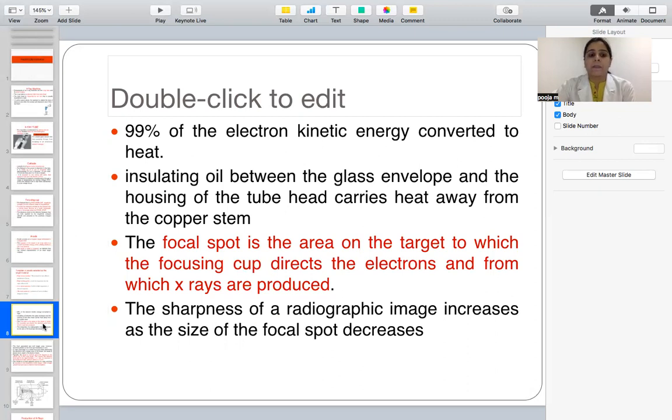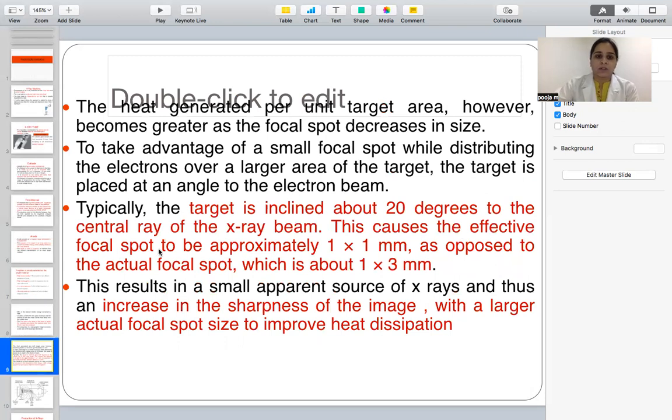The smaller the size of the focal spot in the anode, the greater the radiographic sharpness. The actual focal spot size is 1 by 3 mm, and because of this larger size, the sharpness of the radiographic image will be reduced.